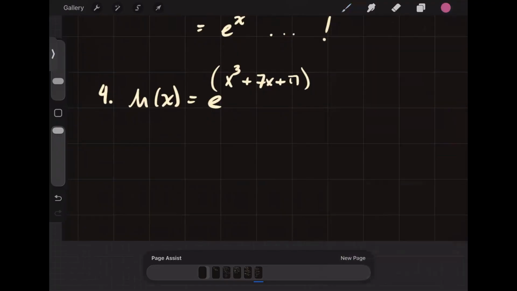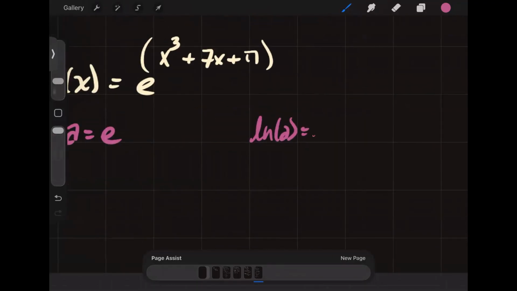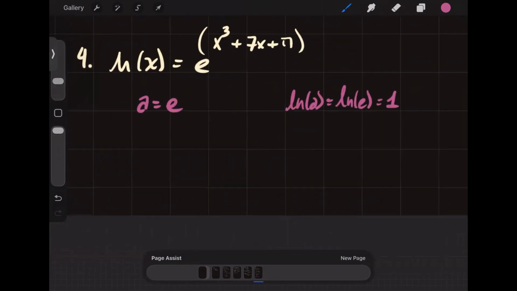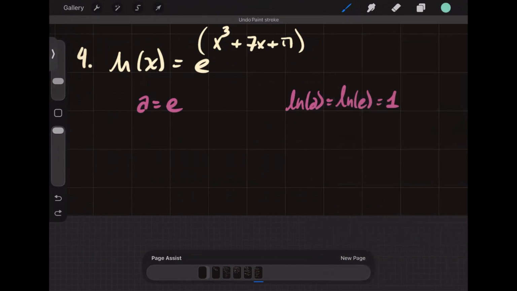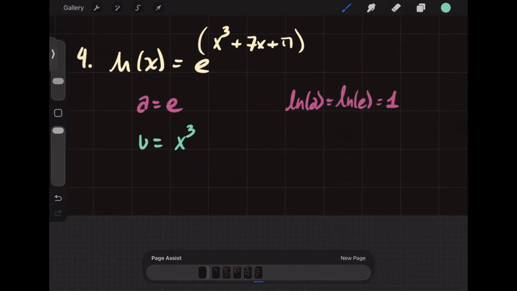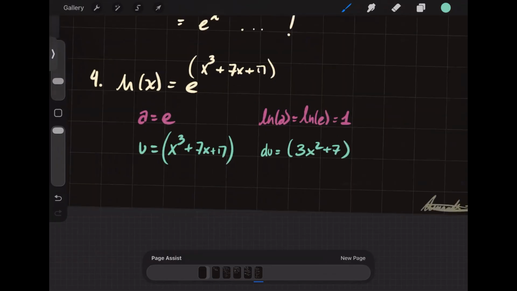And you know that a is equal to e, ln a is equal to ln e, which is equal to 1, right? U is equal to x cubed plus 7x plus pi. Put in parentheses if you have a tendency of losing your work. And du is equal to 3x squared plus 7, right?